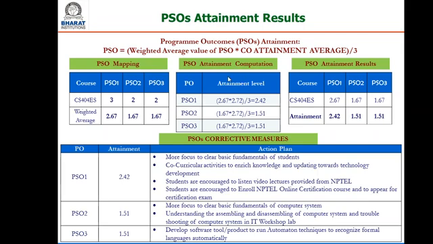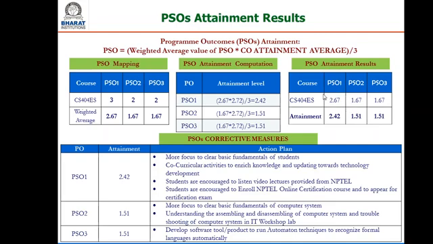Then coming to the calculation, PSO1: the weighted average is 2.67 into the overall CO average attainment 2.72, whole divided by 3. We will get 2.42. Similarly, PSO2 1.51, PSO3 1.51. Then the results are shown in this table.